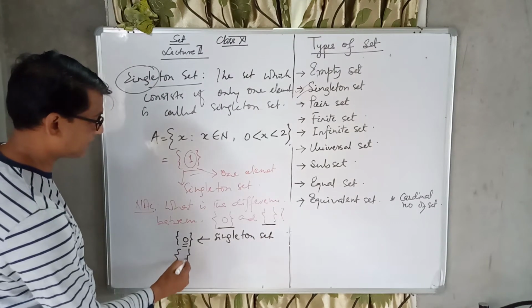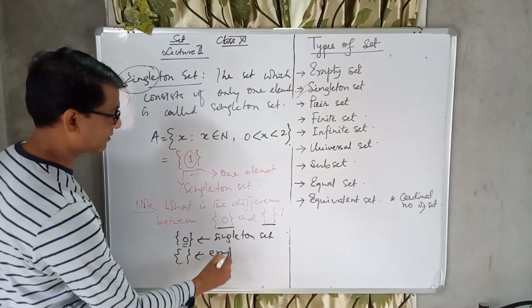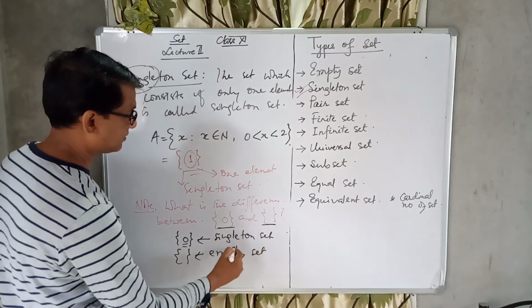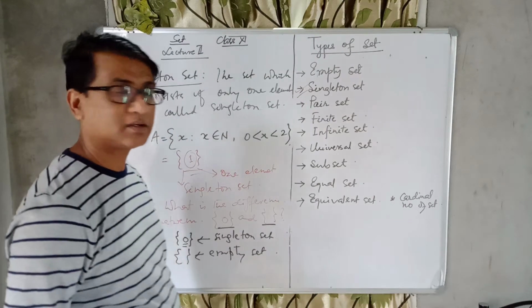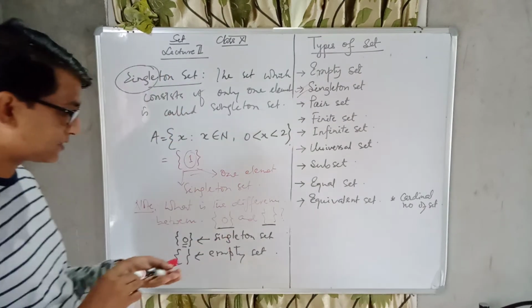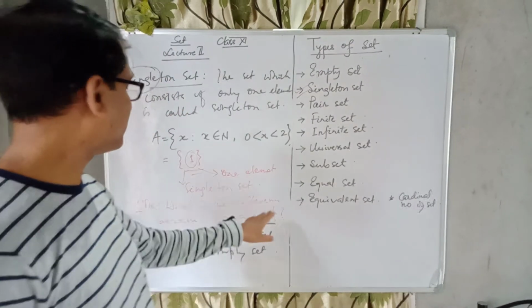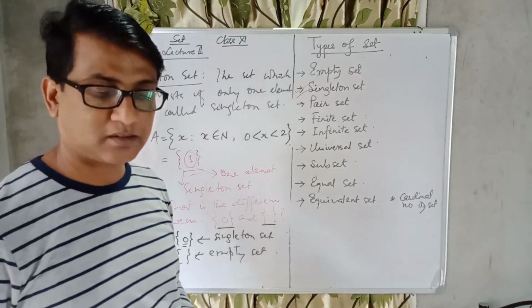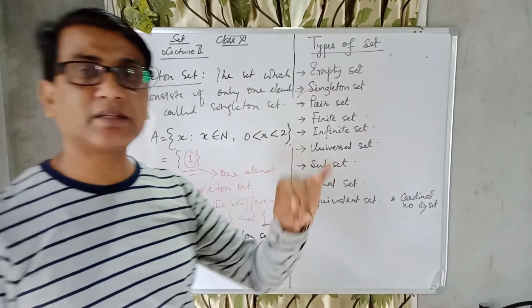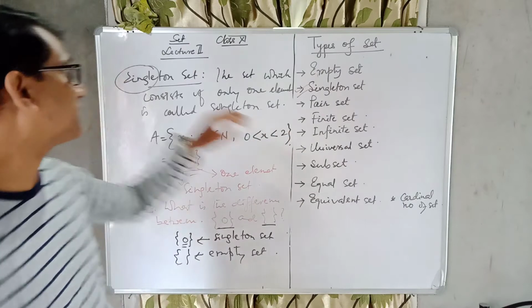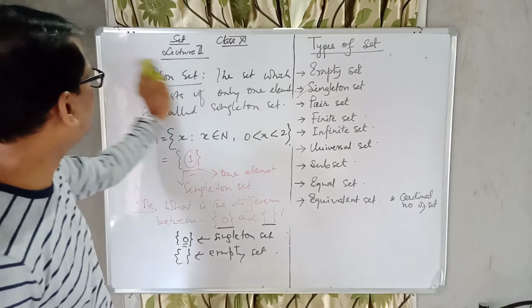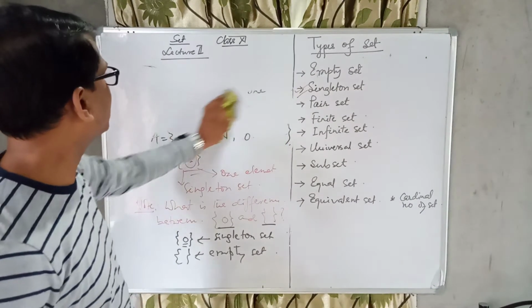And this one is the empty set, which has no elements. Someone may ask the question: what is the difference between this and this? The singleton set has only one element, and the empty set has no elements.